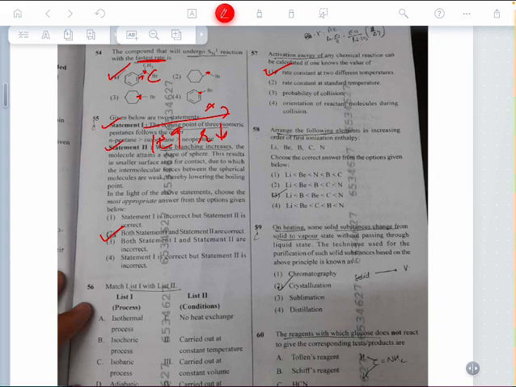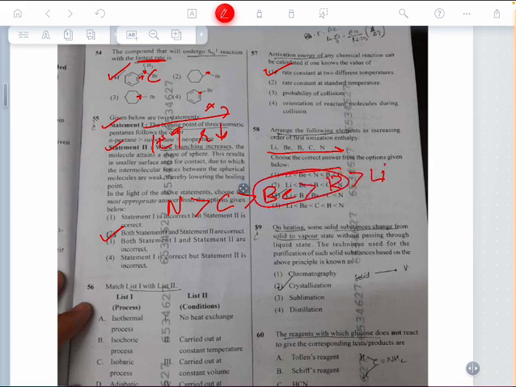Now there are few exceptions also, like beryllium, boron, nitrogen, oxygen. So as we move across, the order must be nitrogen greater than carbon, greater than beryllium, greater than boron, greater than lithium.